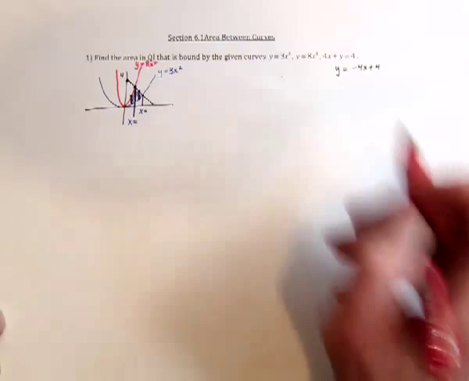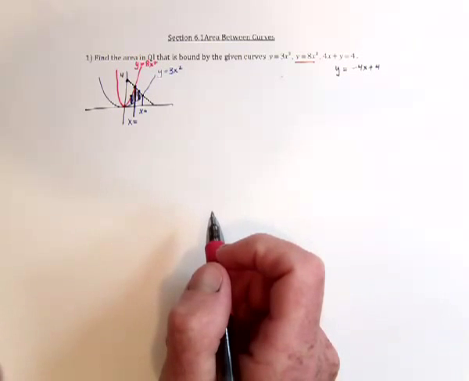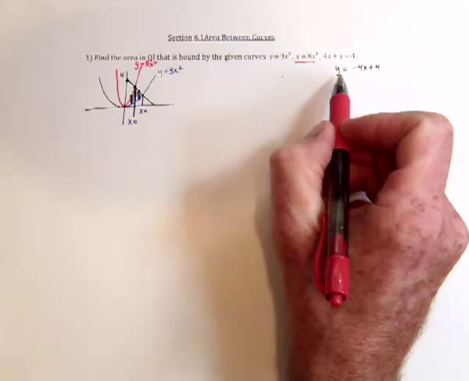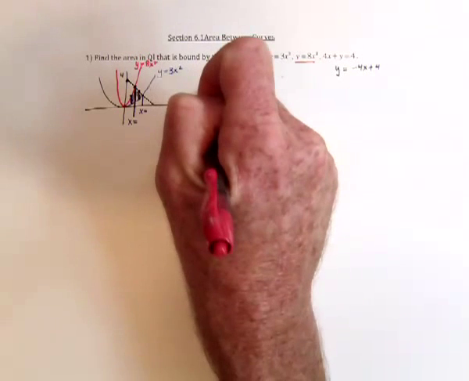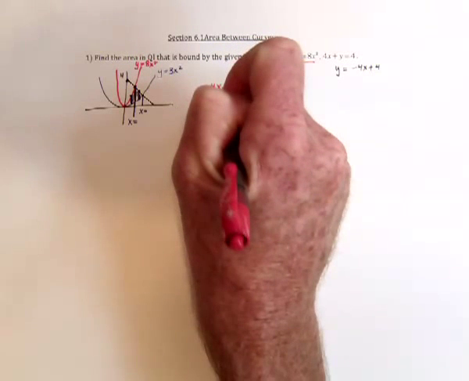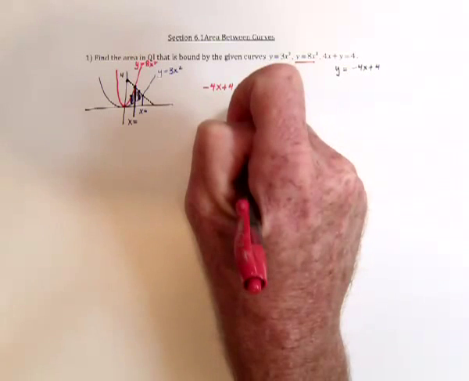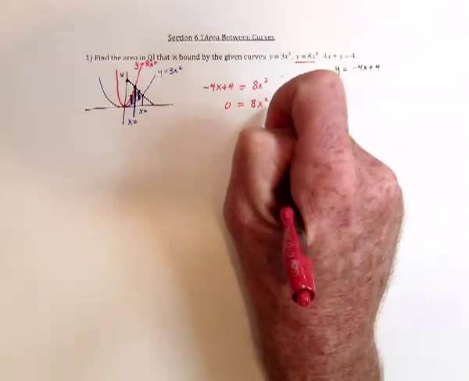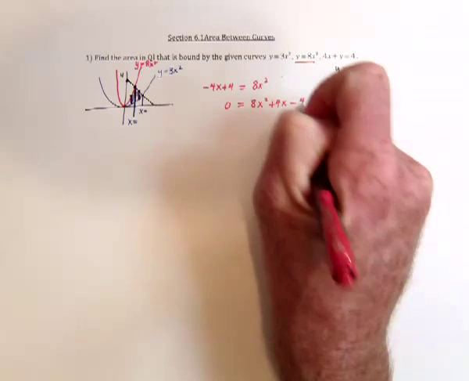So for the line versus the red parabola, I'll use red. We've got that y is equal to this. We can substitute that in there. So negative 4x plus 4 equals 8x squared. And so this is going to be 8x squared plus a 4x and minus a 4.